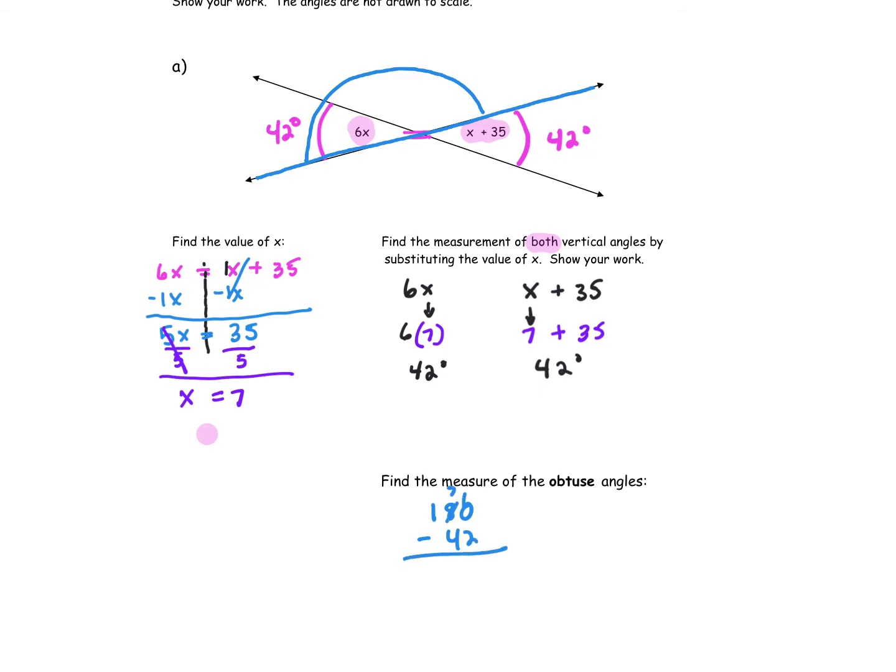Be sure you borrow, and it should be 138. So we now know that this angle is 138, and since it is vertical to this angle, it is 138. Let's move on to the next one.